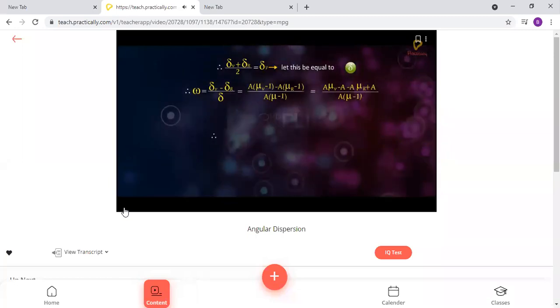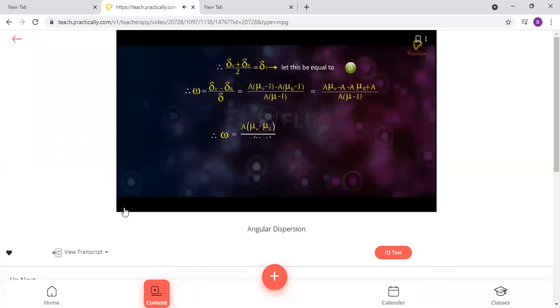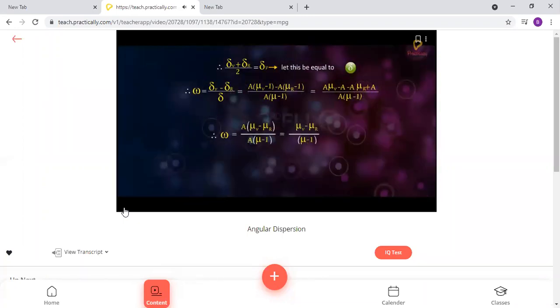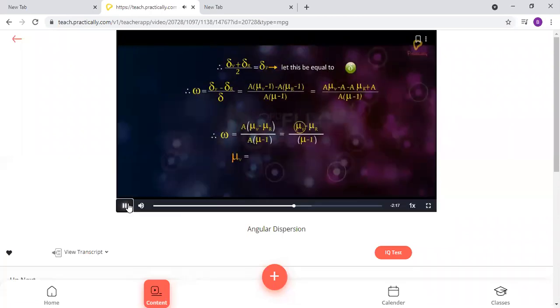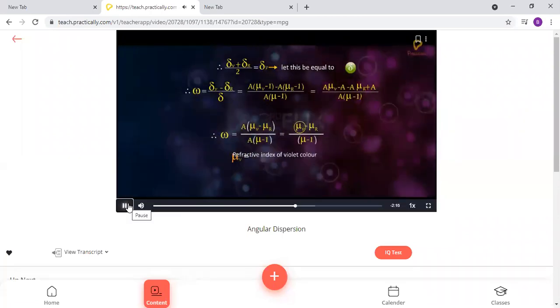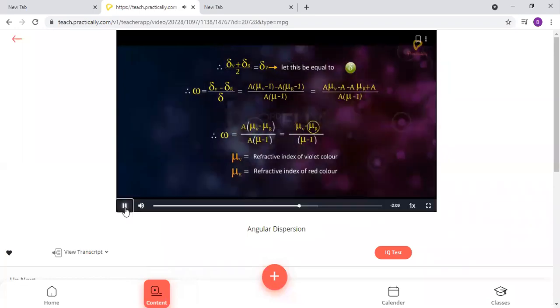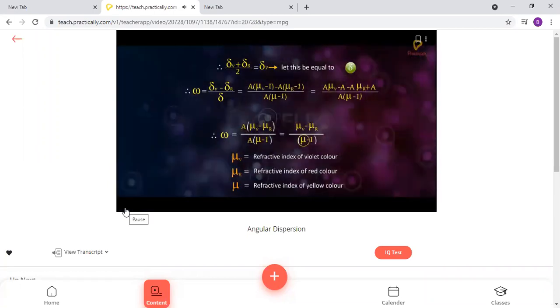Therefore, we get omega is equal to mu V minus mu R divided by mu minus 1, where mu V is the refractive index of violet color, mu R is the refractive index of red color, mu is the refractive index of yellow color.